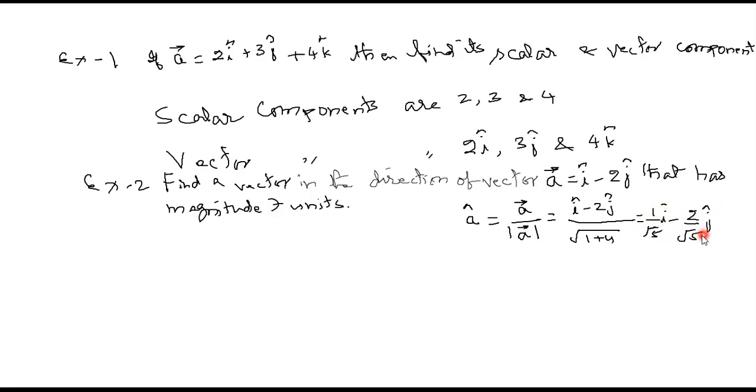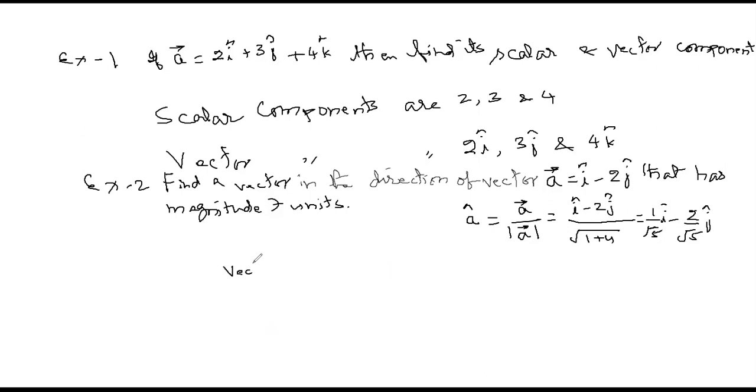If you want to give the direction of any vector a magnitude, here 7 units, you multiply by 7, so the magnitude becomes 7 because the unit vector's magnitude is 1. Therefore, the vector having magnitude 7 in the direction of A will be 7 times the unit vector of A. Okay, got it?